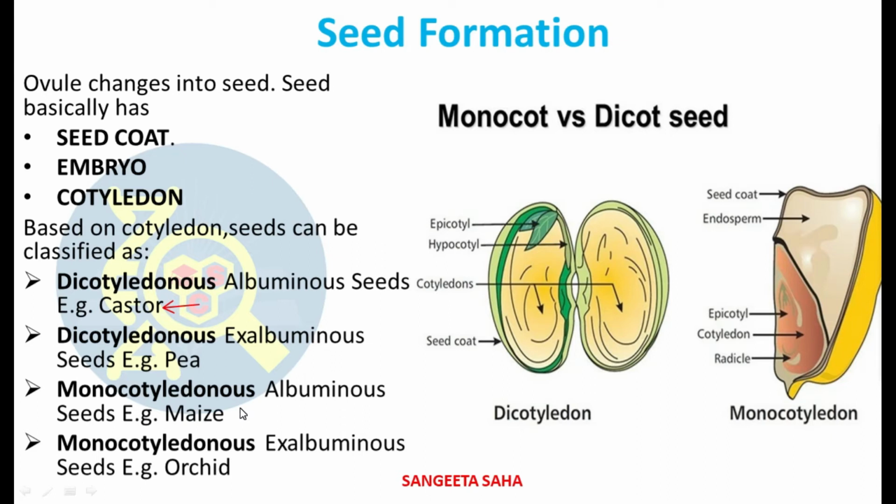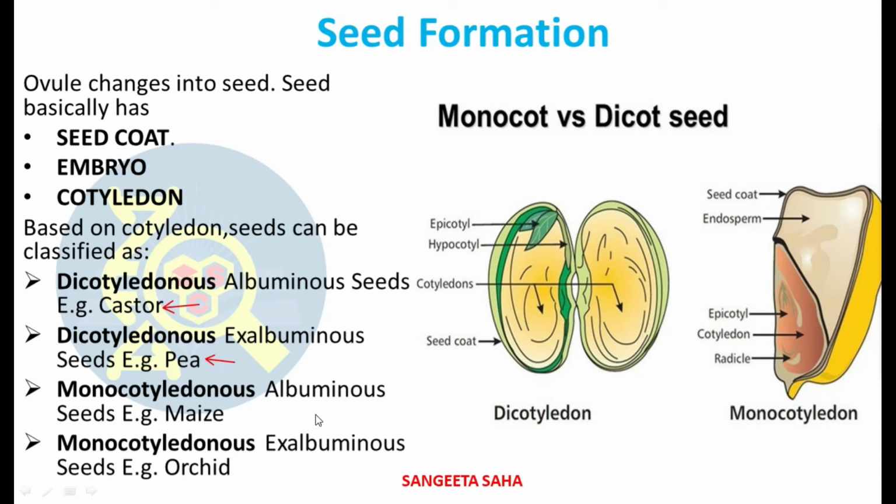And the example of dicotyledonous non-endospermic or exalbuminous seeds is pea, gram, beans, this kind of pulses, where there is no endosperm. The reserved food material is present in thick cotyledons. Same classification is applicable for monocots also.